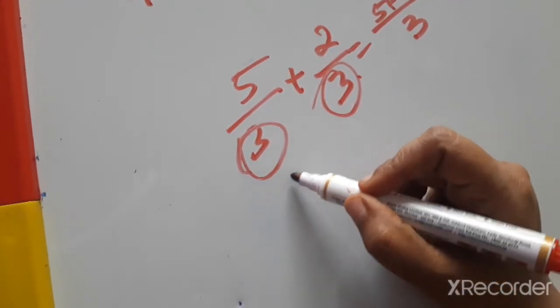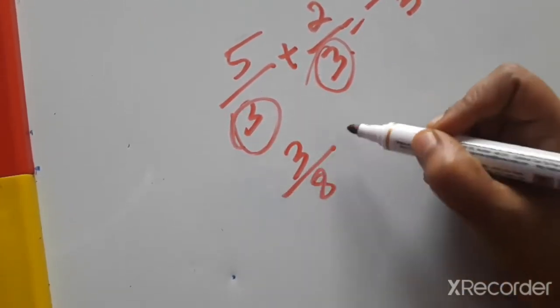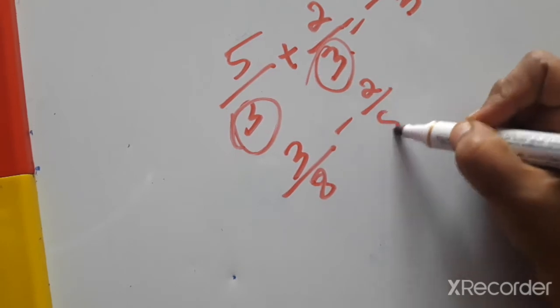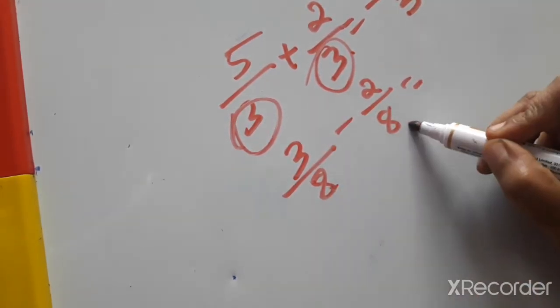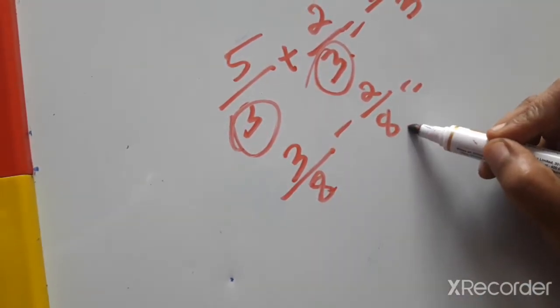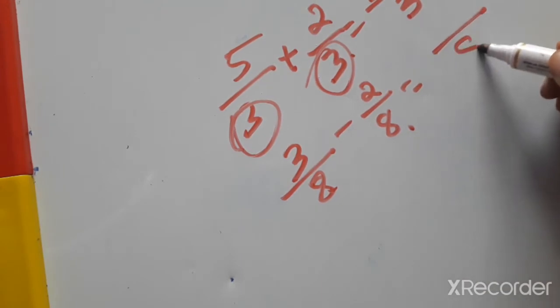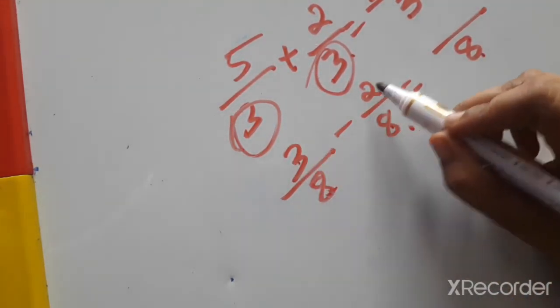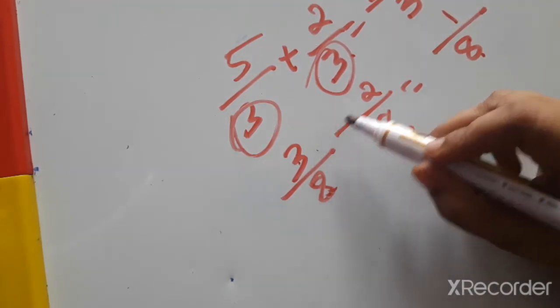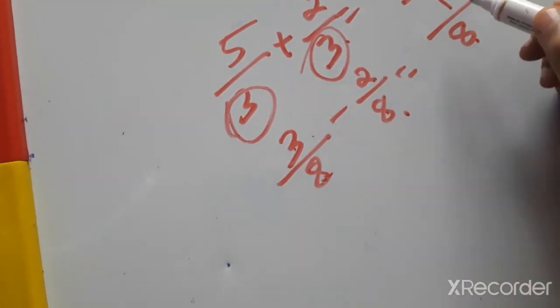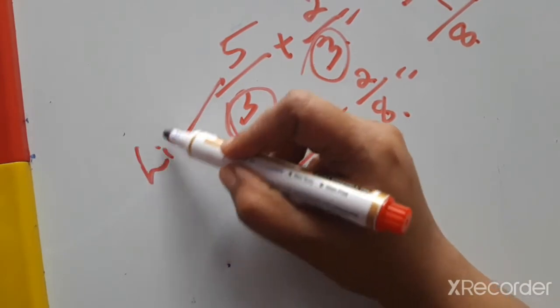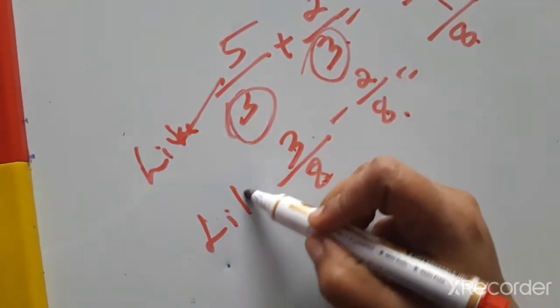Or one more example: 3 by 8 minus 2 by 8. Here the denominators are the same, so it is a like fraction. When there is a like fraction, we can add or subtract directly with the same denominator. Then 3 minus 2 means 1. Directly subtract 3 minus 2, 1.